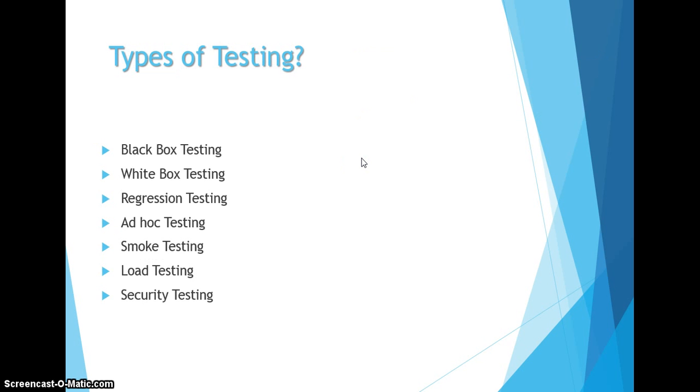There are many types of testing which we will be covering over our future training sessions as well, but just to list a few, they are black box testing, white box, regression, ad hoc, smoke, load, and security testing. We will be covering each one of these in the future training sessions as well.